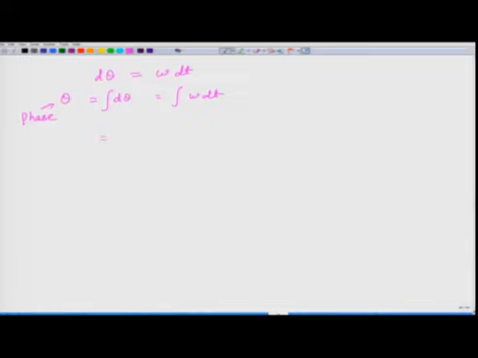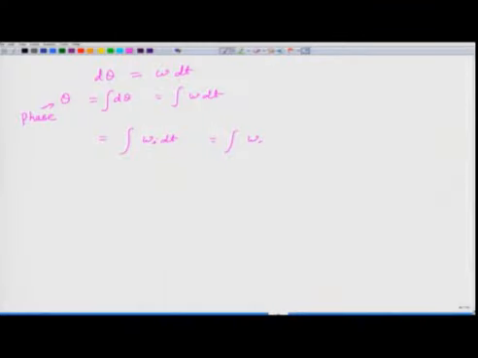So, we can write theta as the integral of omega_i dt if we want to calculate the overall phase of our frequency modulated wave, and this overall phase will now be equal to the integral of omega_c plus delta omega sin(omega_m t), because the frequency of the modulating wave is omega_m.